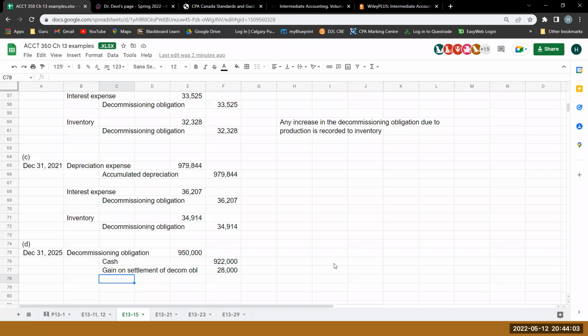And in a year that we produce less, the increase would be a little lower. So the calculation is actually done in the real world based on how much or how little we've been producing, and it's based on units of activity. So unless the question gives us the numbers, there's really no way for us to actually calculate it.